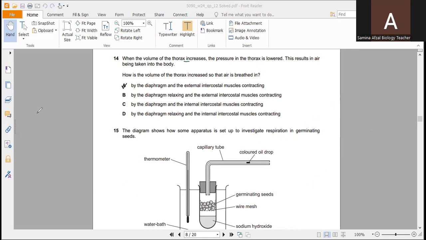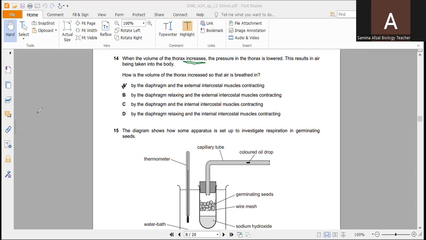When the volume of the thorax increases, it means the thorax is dilated. When it is dilated, it means the pressure is decreased inside. So when pressure is decreased, it means it is ready to take the oxygen in. So oxygen will enter when there is low pressure.